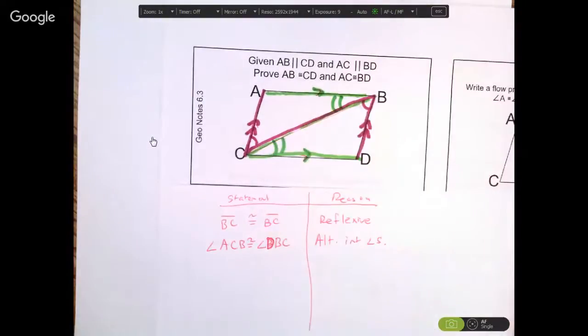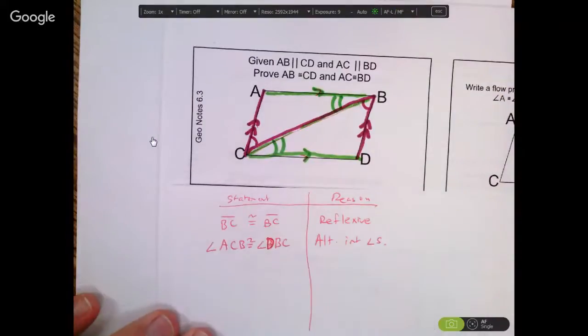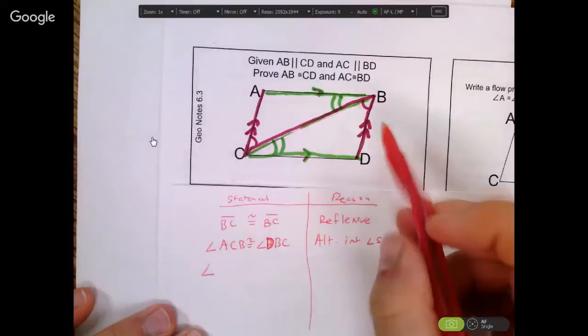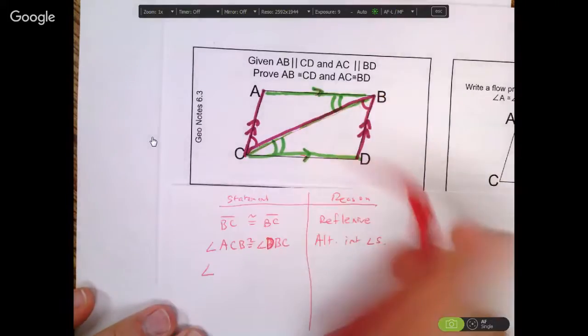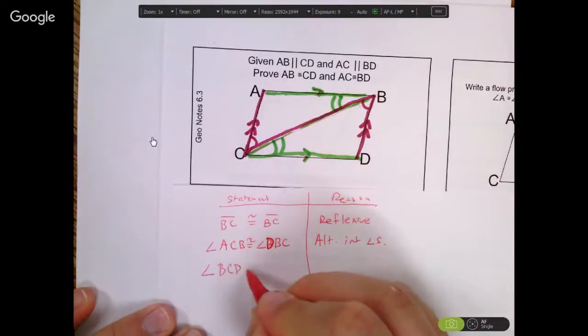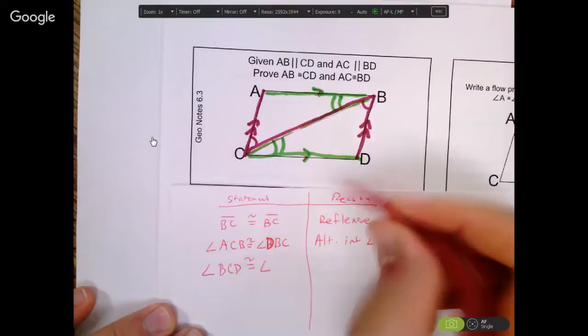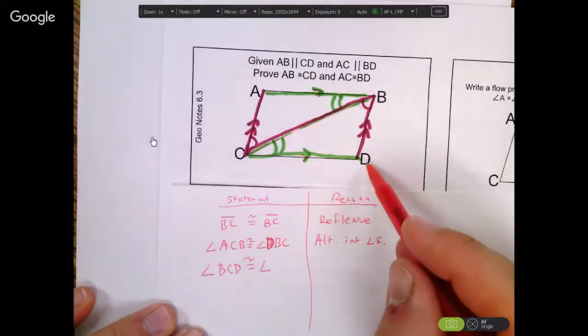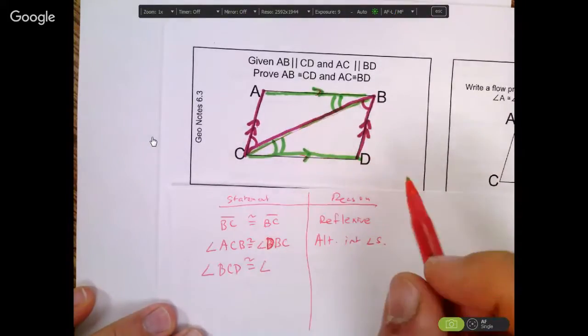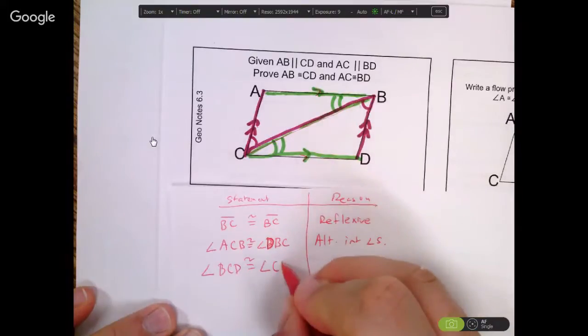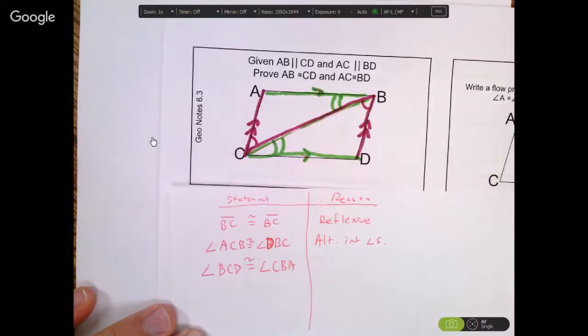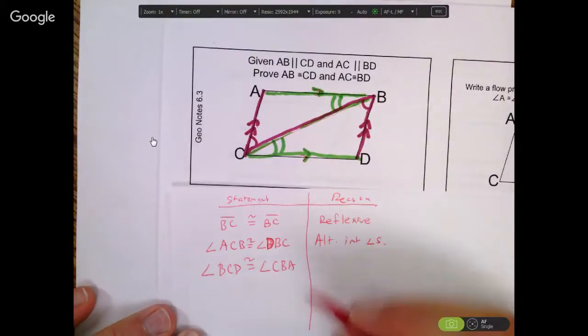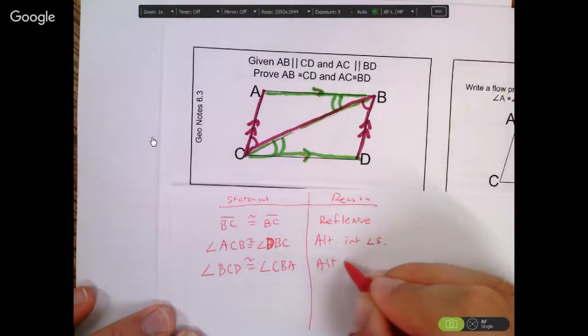Okay. So I haven't listed which angle. It's BCD. And then, thank you, CBA. What allows us to say that? Alternate interior angles.